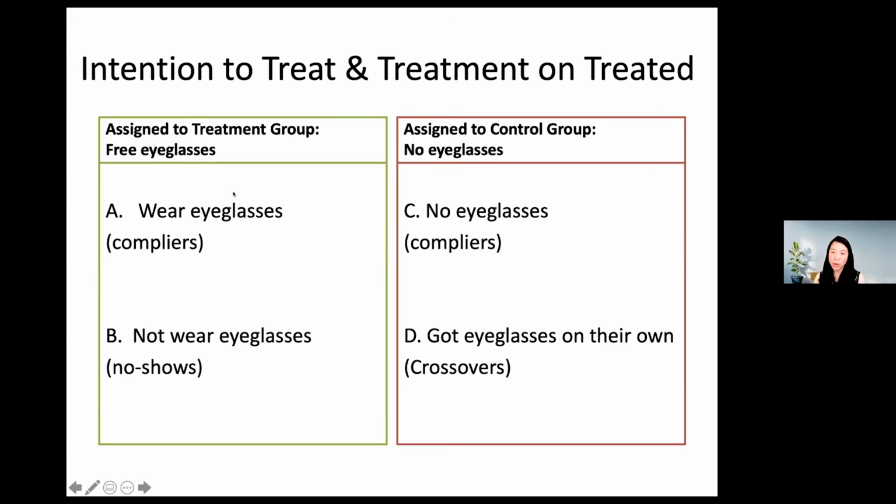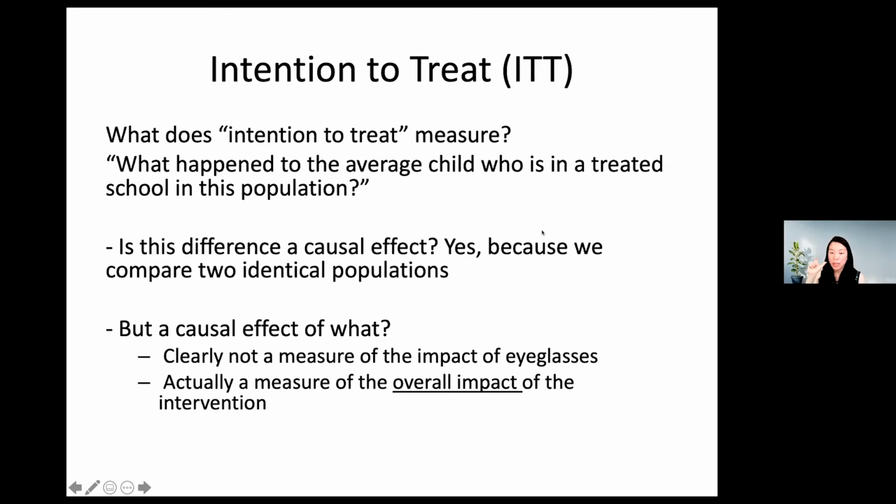What we're measuring is just providing free eyeglasses versus not providing free glasses, the average of the two groups, instead of looking closely at who is actually wearing the glasses and who is not. So this is clearly not a measure of the impact of eyeglasses, but it is a useful measure because it measures the overall impact of the intervention, which is important.